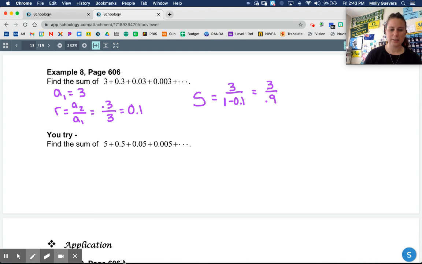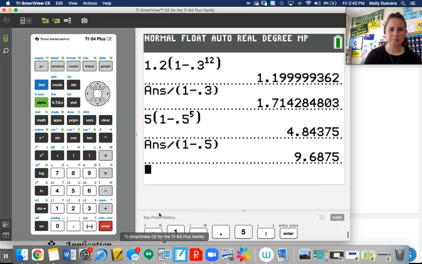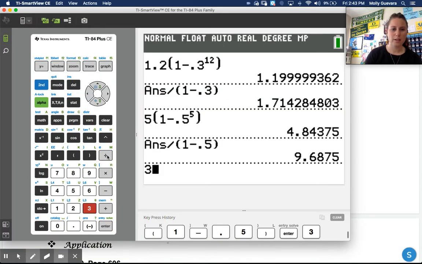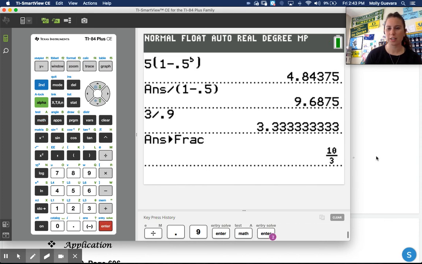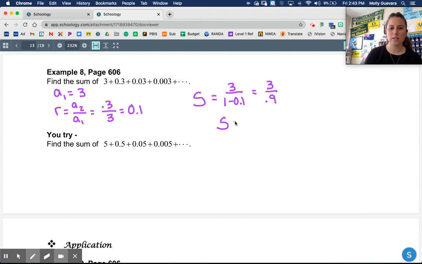I don't like that there's a decimal on the bottom, so I'm going to change it to a fraction and I get 10/3. So the sum of this infinite series is 10/3. Again, as I keep adding numbers, I get closer and closer to 10/3. Go ahead and try this one, and then when you're ready to go over it, hit play.